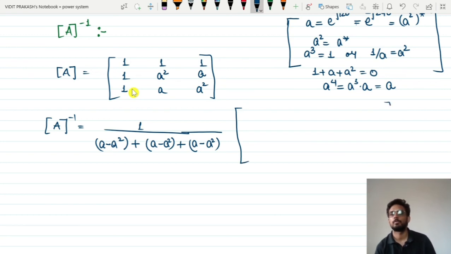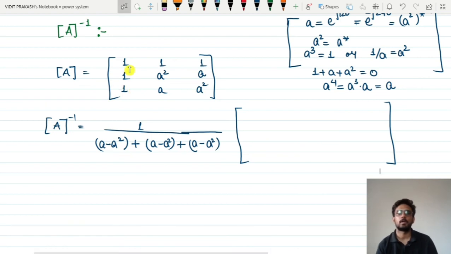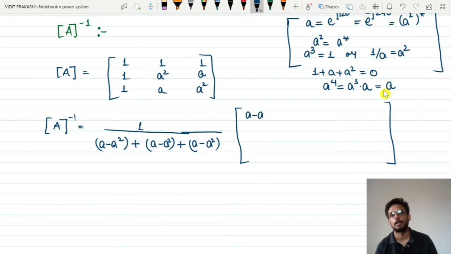Now what will be this at this point? This will be A to the power 4 minus A square. So what is A to the power 4? That is A. So we can write this as A square minus A. Okay, sorry, A minus A square. This will be A minus A square.